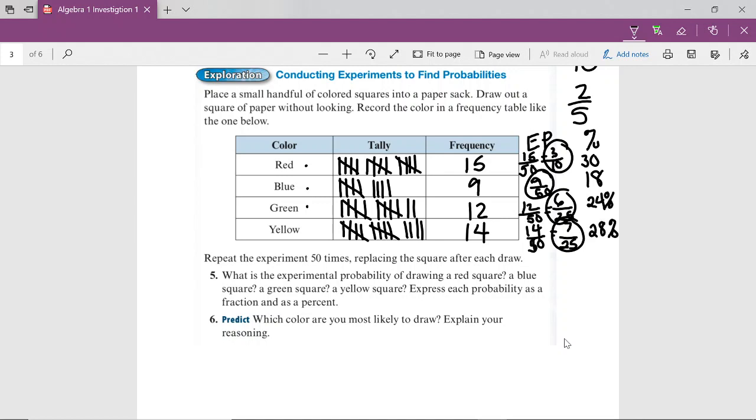So these are my percent probabilities for each of these different colors in my experiment. So which color are you most likely to draw? Well, here it's hard to know exactly which one is going to be the most likely all the time because this is just one experiment. But if I go based on the numbers, I would say red is the most common in my experiment, so that one is the most likely to draw.